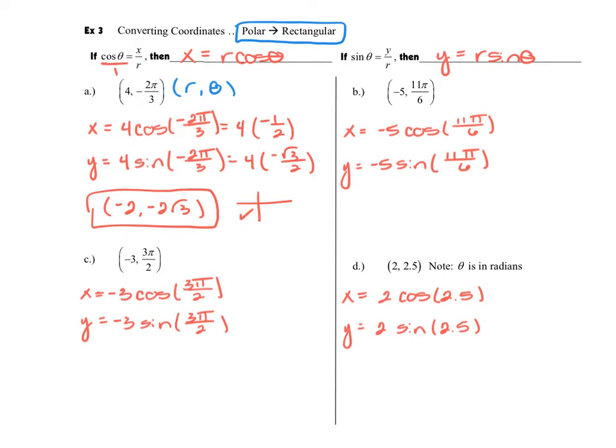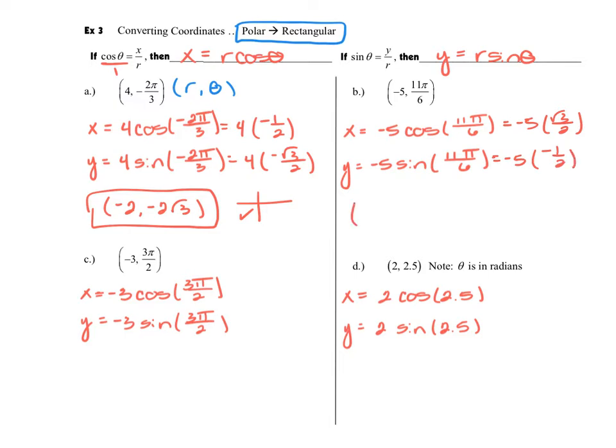Now, if we continue that process and just do basic arithmetic, we can convert all of these. We'll have a negative 5 on our next one, and cosine of 11 pi over 6 is radical 3 over 2. Being careful with your signs is really important here. And a negative 5, and this one's going to be times a negative 1/2.